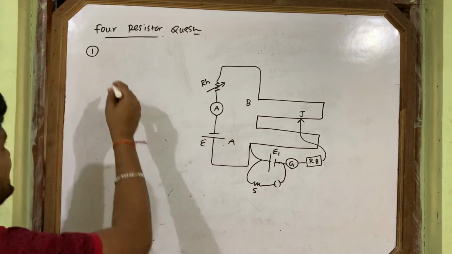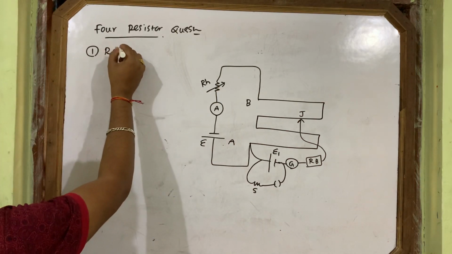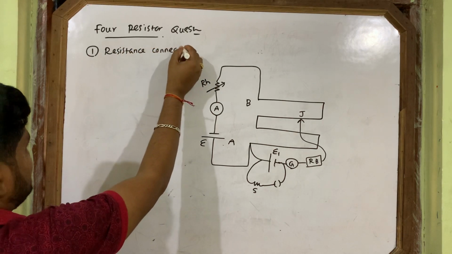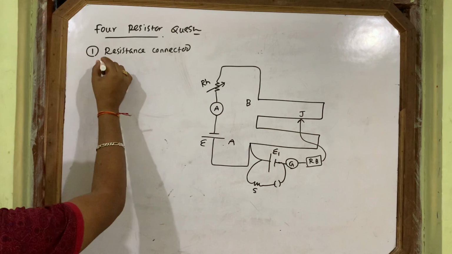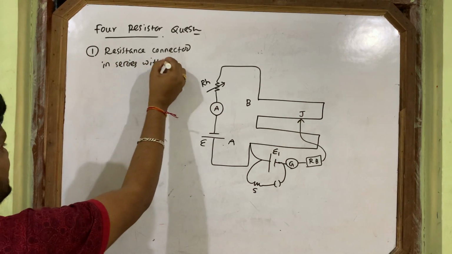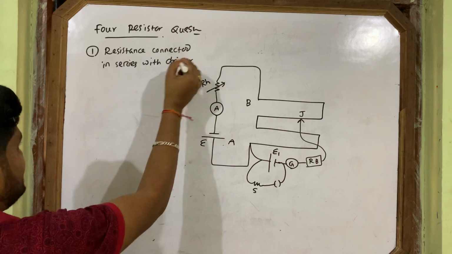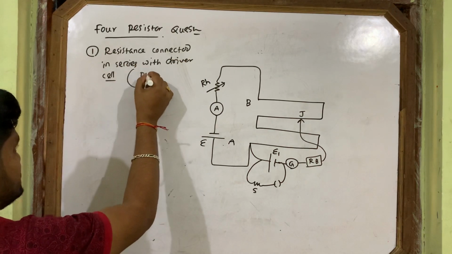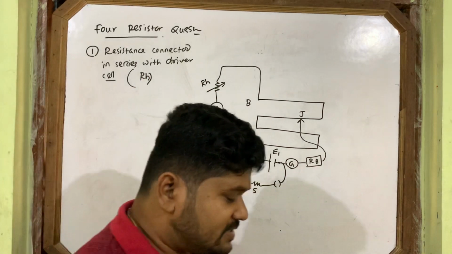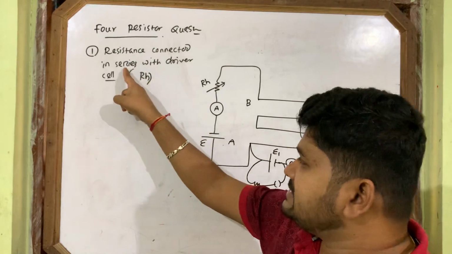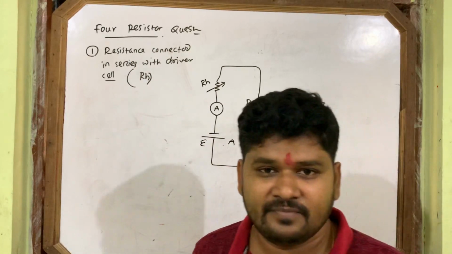Resistance connected in series with the driver cell. In series with the driver cell means which one? This is the rheostat, according to our language. But in the question, it may be given like this: resistance connected in series with the driver cell.